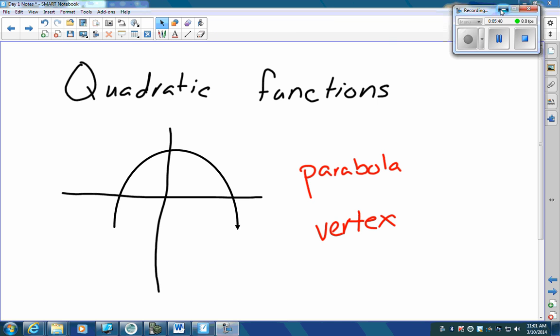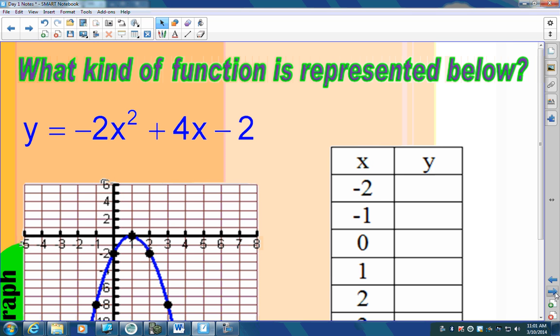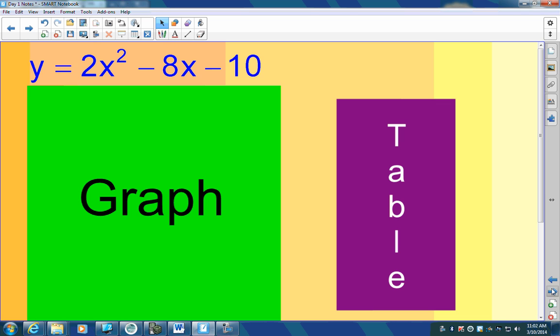All right. Now, let's look at the paper that you have. It has a graph and a table for you.